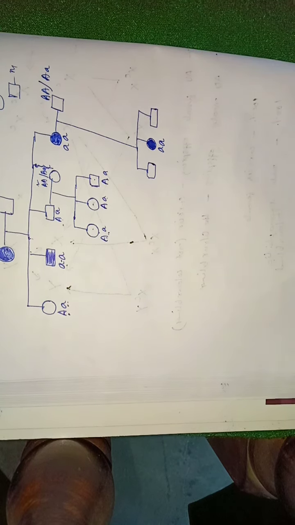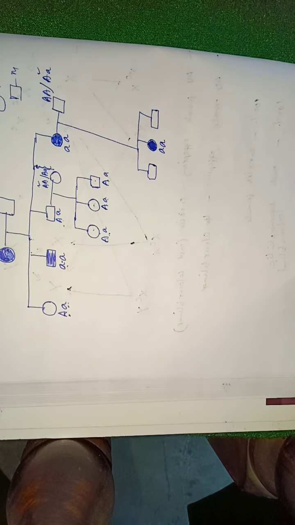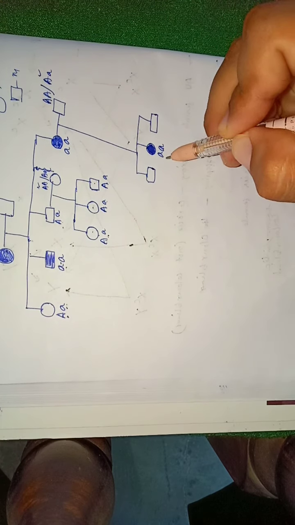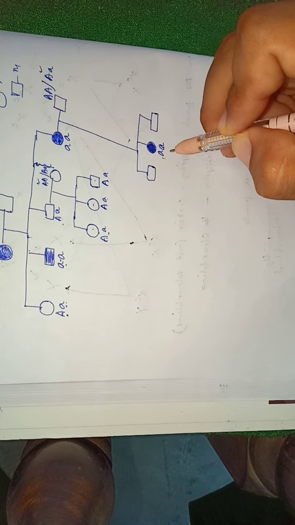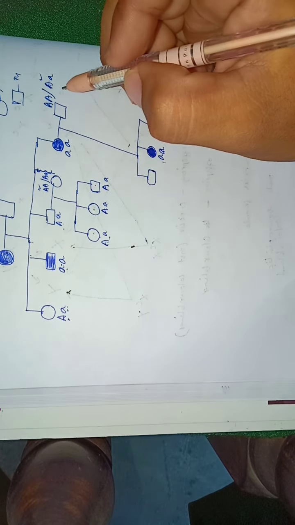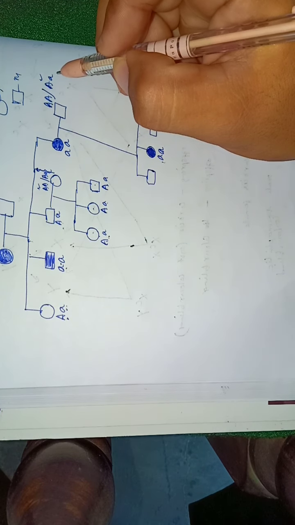So the gene present in the father will again be heterozygous, because one a is coming from the mother and small a from the father. And as we know, sickle cell anemia is expressed in the homozygous form, so the only possibility is that the gene present in the father is in heterozygous form.